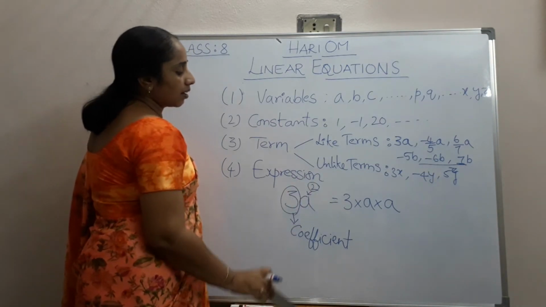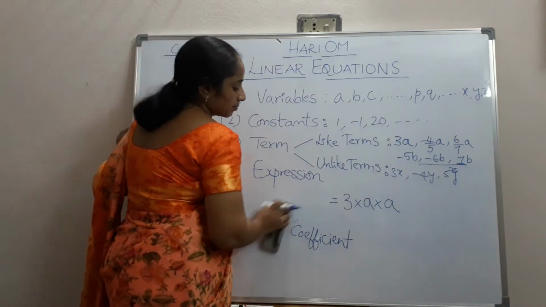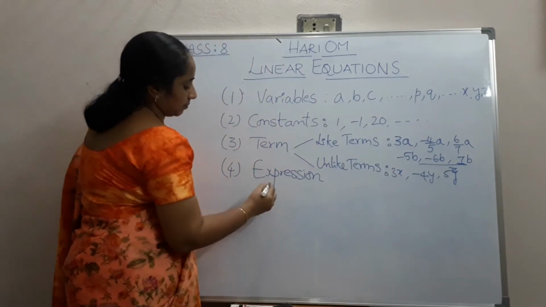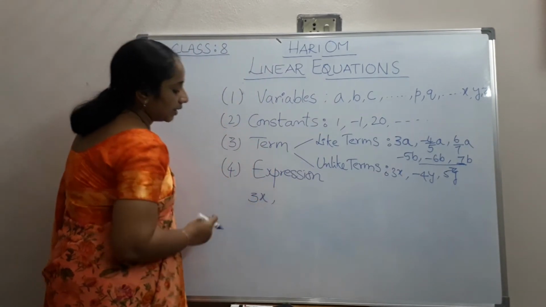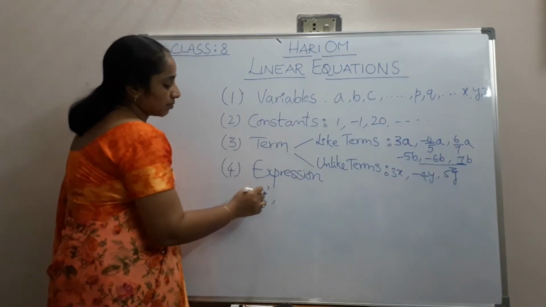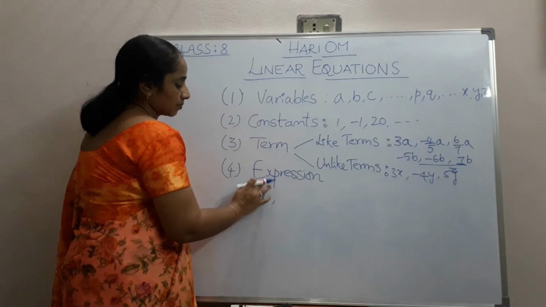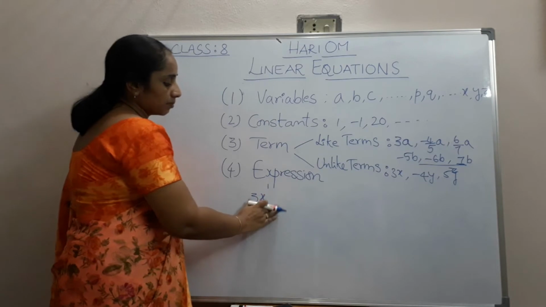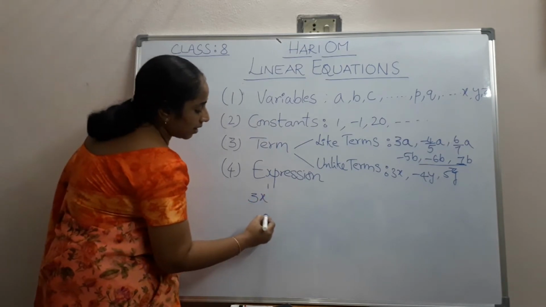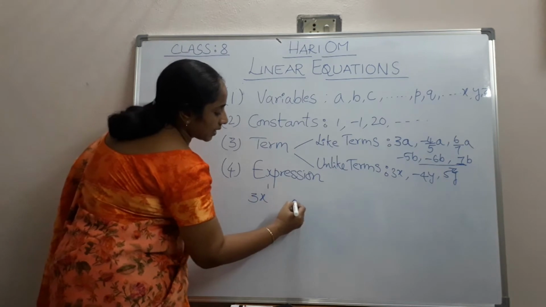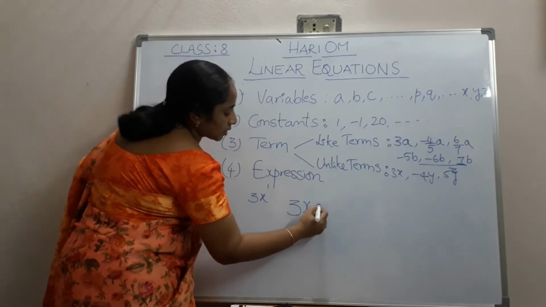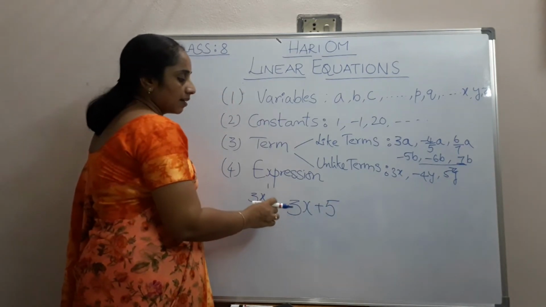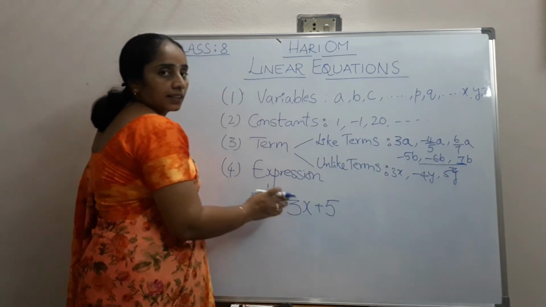Now, basing on that degree, we can divide the expressions. Here in 3x, its power is 1. So here is a term. Now, if I take that same 3x as 3x plus 5, 3x plus 5 is a linear equation.